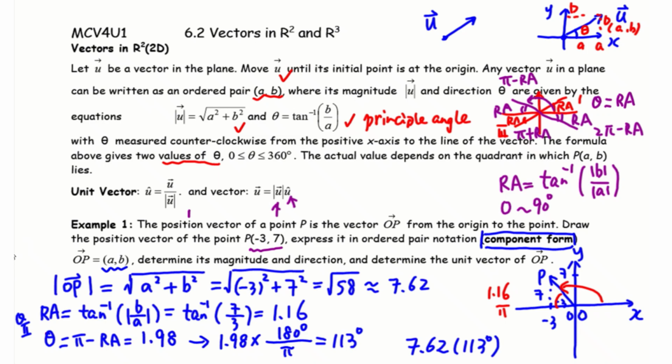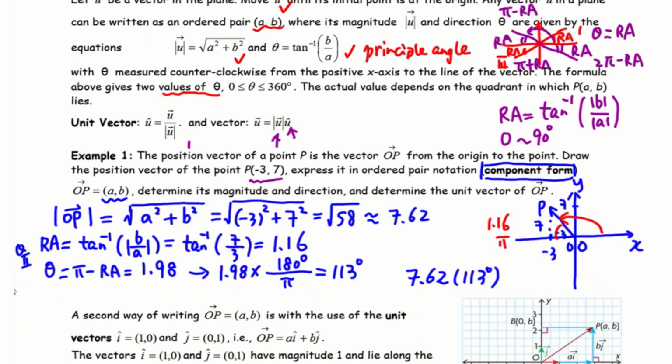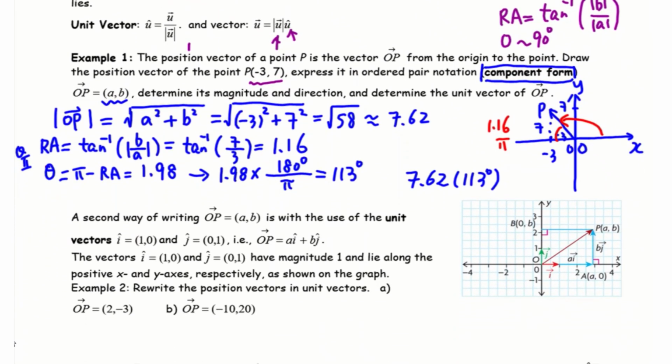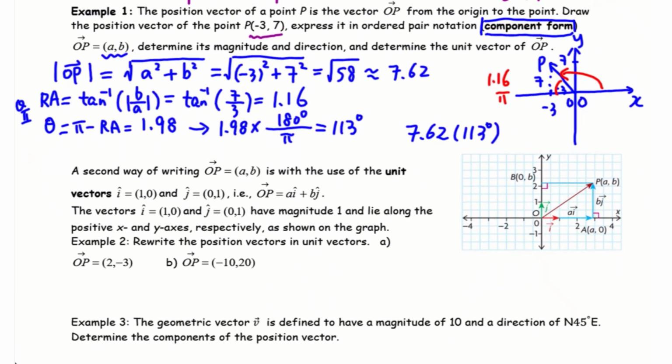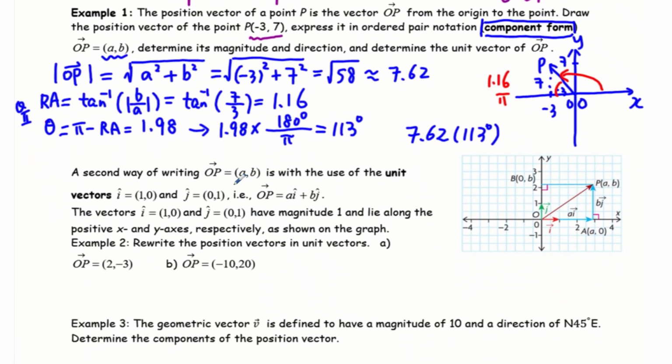Okay, we want to find another way to write it. This is component form, and we could also use another form, unit vectors. So it's OP equals Ai plus Bj, so A in the x direction plus B in the y direction.